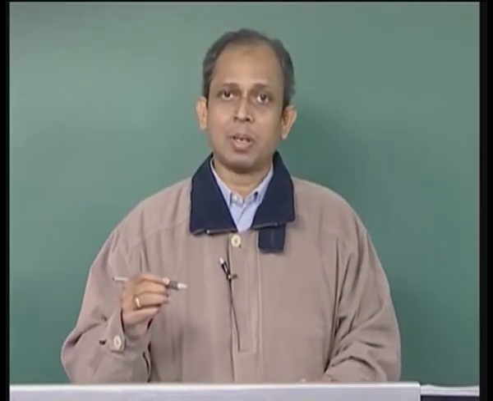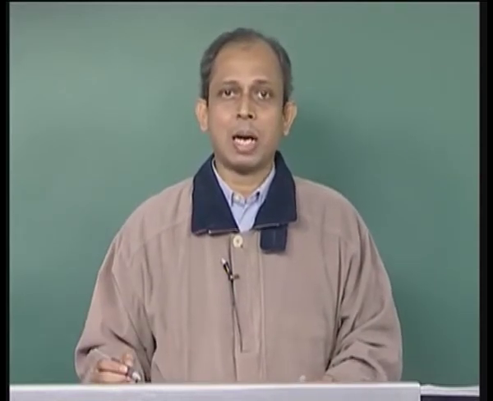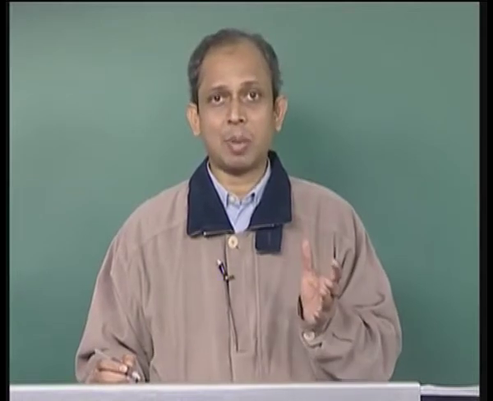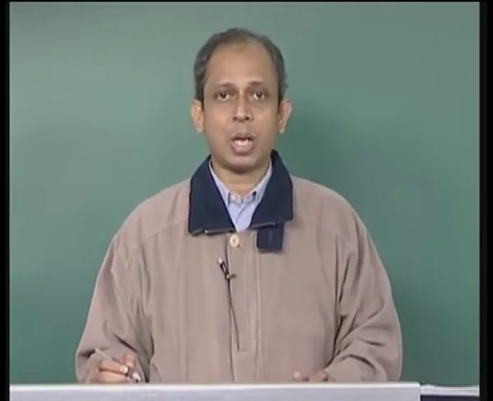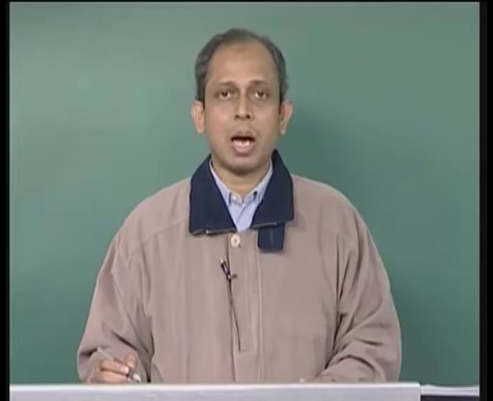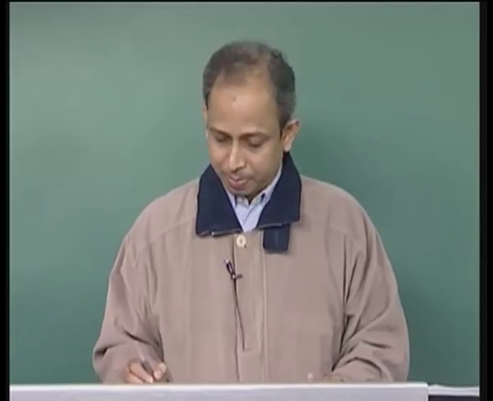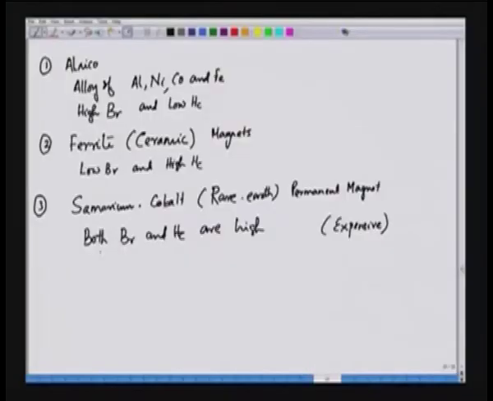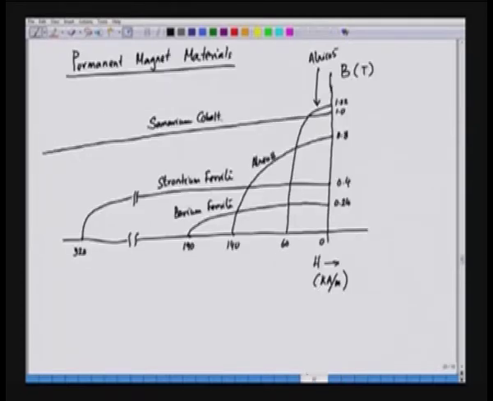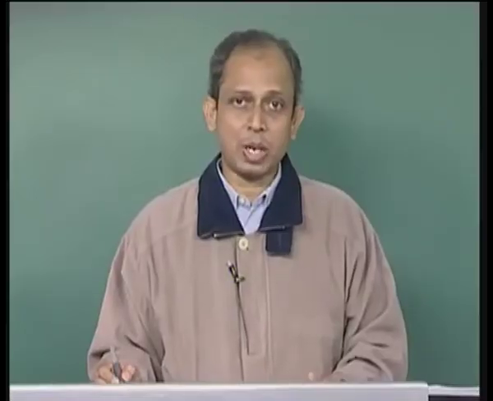A material with high Br and high Sc is basically an ideal material, and samarium cobalt gives high Br and high Sc. So, this is the graph for samarium cobalt. We can have a very large energy density with samarium cobalt, although this material is highly expensive.